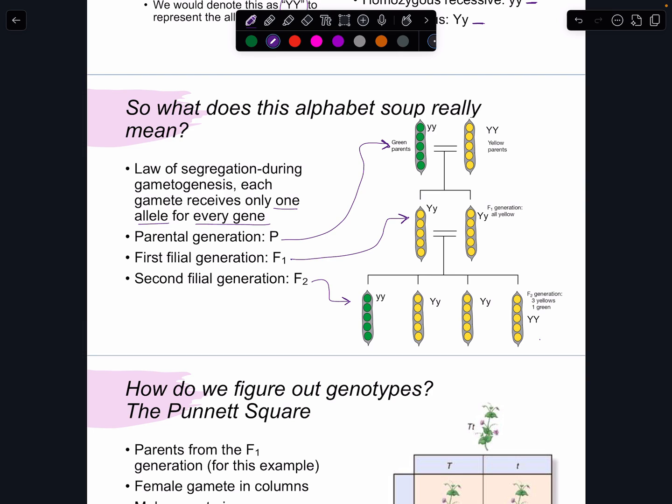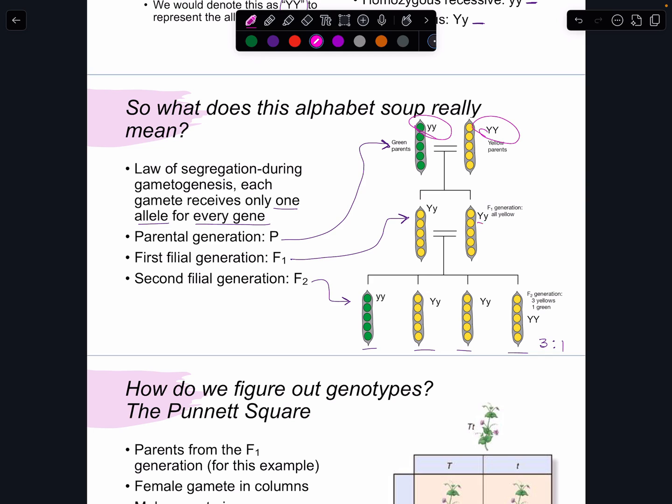And you see again here that 3-to-1 ratio that Mendel was talking about. If we have a yellow parent, capital Y, and a green parent, lowercase y, which is homozygous recessive, all of the plants that result will have yellow seeds. Remember, when the dominant allele is present, it's going to express.